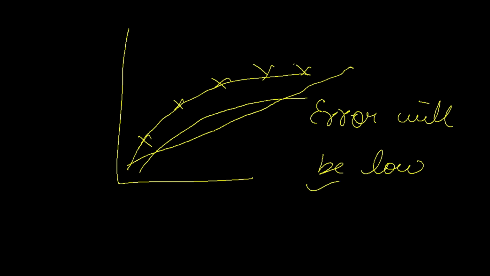Our error will be low. So this is all about polynomial regression, which is required for the introductory purpose. In the next video, we are going to study a Python code that is used to demonstrate how polynomial regression works and how we use polynomial regression on the real world dataset.